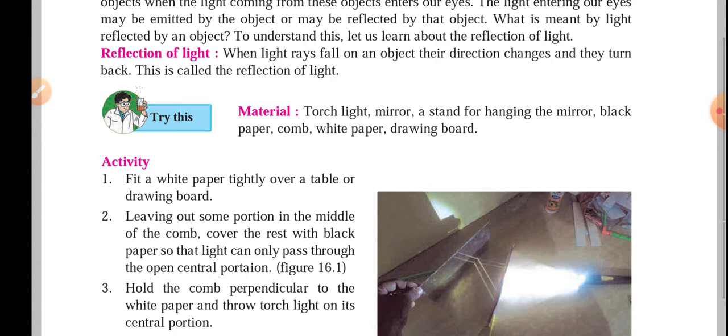After striking the mirror, the light coming from the torch goes in another direction, and we get a spot on the other side, on the wall. This happens because of one phenomenon shown by light, which we call the reflection of light.